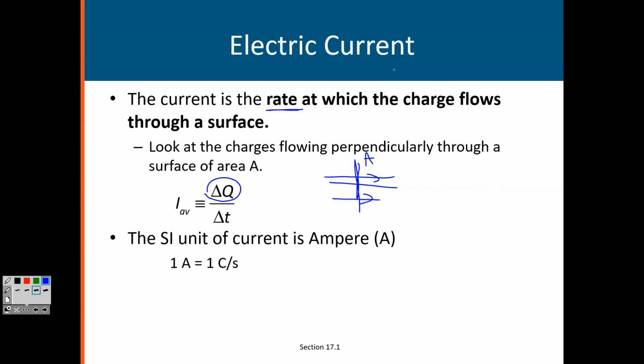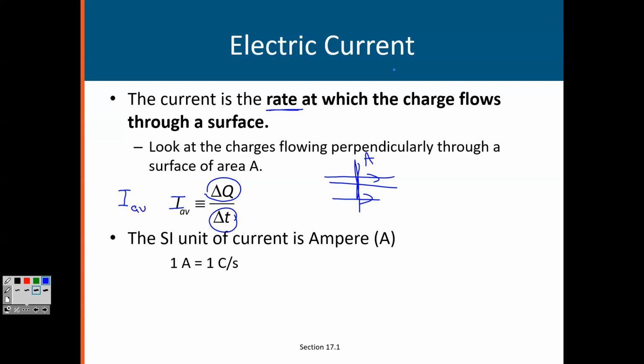So the current is the rate of flow of charges. You take the charge divided by the time it took for that amount of charge to flow across that surface. It's called the average current. The symbol we use for current is I. We are watching it over a period of time, so it is the average current.